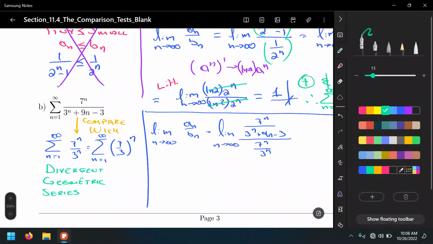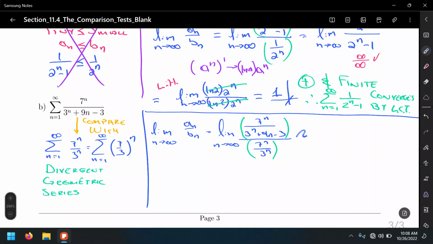Be sure to delimit the fraction so you know how to divide the fractions. Dividing by a fraction is the same as multiplying by the reciprocal. So this is the limit of 7 to the n over 3 to the n plus 9n minus 3, times the reciprocal, which is 3 to the n over 7 to the n.